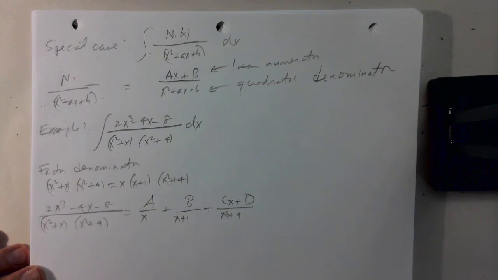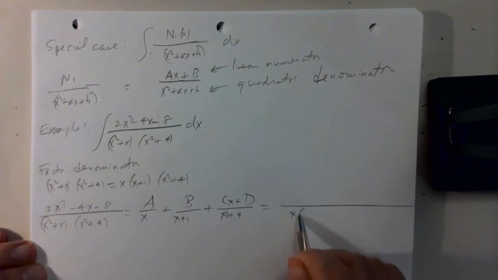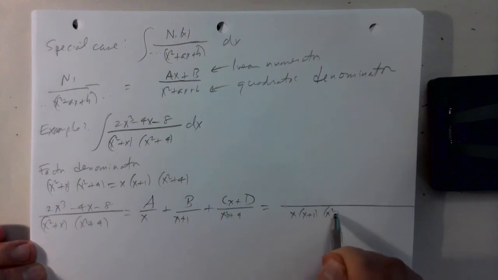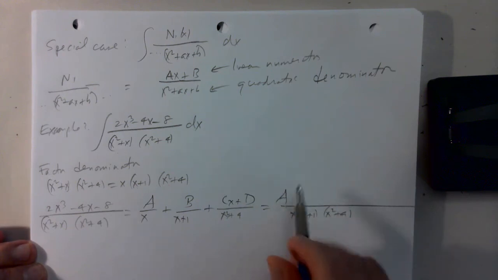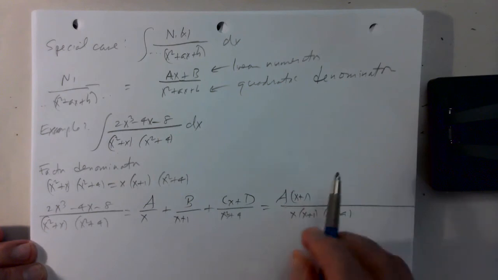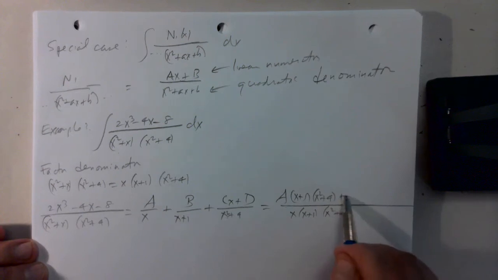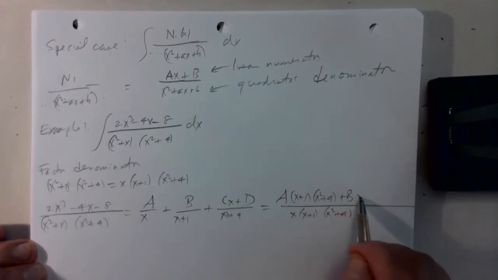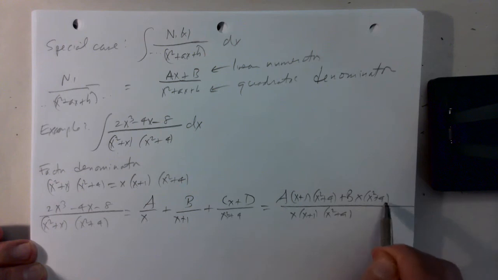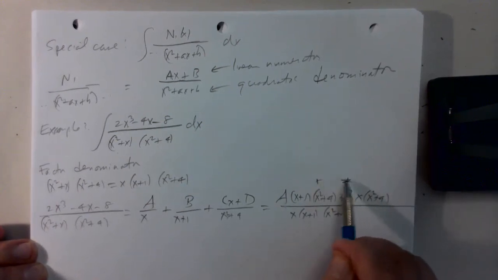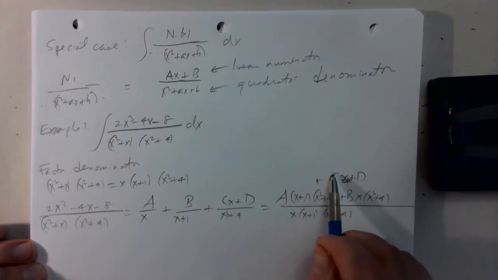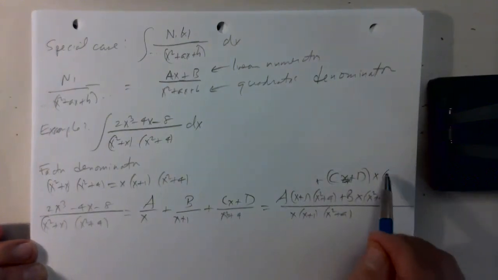So we have to find these four numbers, a, b, c, and d. Again, we can put it over a common denominator. We multiply a by (x plus 1)(x squared plus 4). We multiply b by x times (x squared plus 4). And we multiply cx plus d by x times (x plus 1).